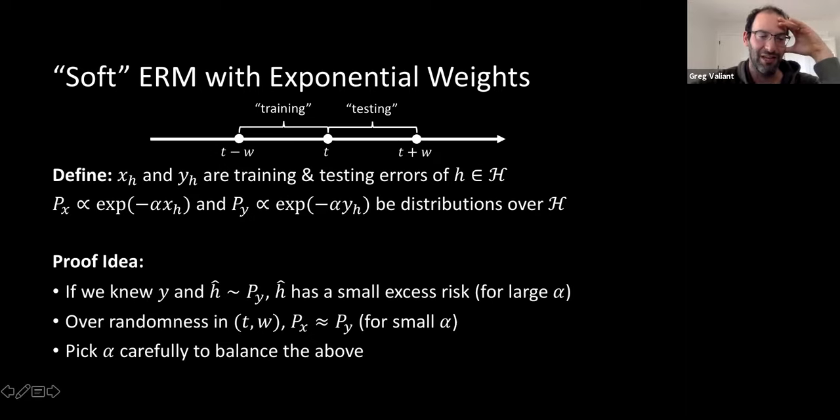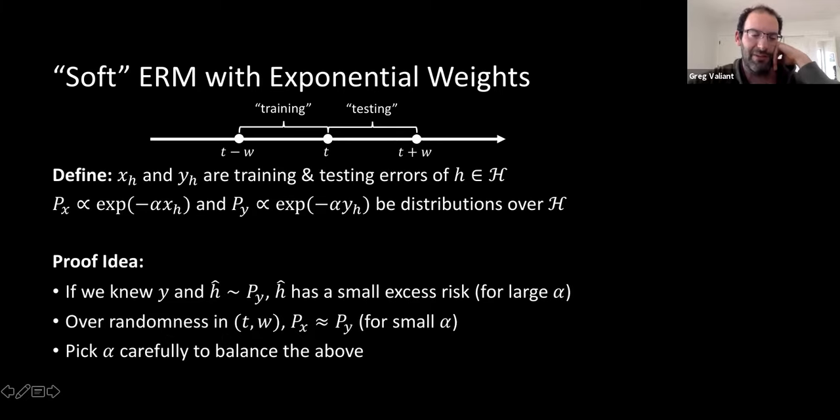But the claim is, if we knew y and P sub y, and predicted according to P sub y, then as long as alpha, our scaling, is large, we'd have small excess risk because we're picking from a distribution that puts lots of mass on the good hypotheses.